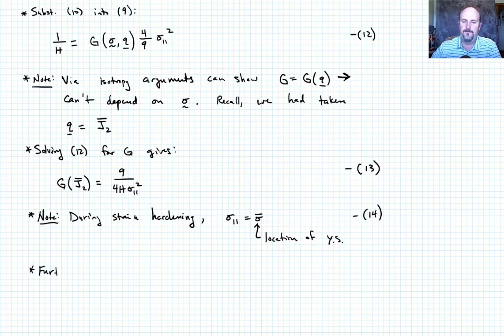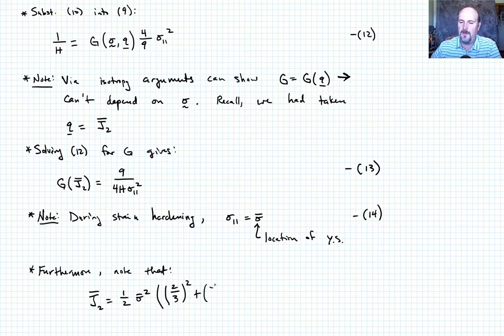So furthermore, note that we could write that J2 bar is going to be equal to 1/2 times sigma bar, the quantity squared, times the exact same thing that we had to get us the 4/9, right, which is 2/3 squared plus a negative 1/3 squared plus a negative 1/3 squared, right, which ends up giving us 2/3 times 1/2, so it gives us 1/3 sigma bar squared. Call that equation 15.